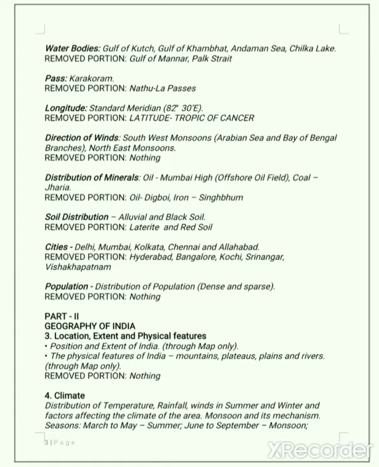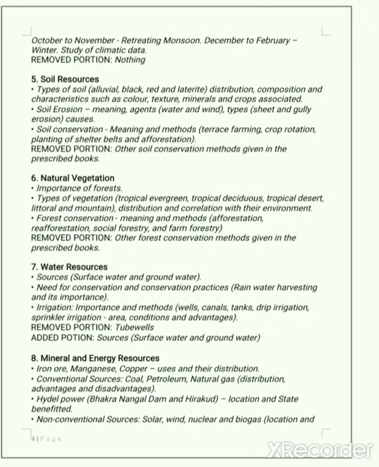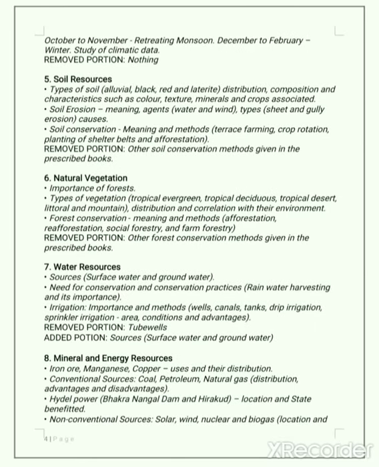There are 4 seasons in our country: summer season from March to May, monsoon season from June to September, retreating monsoon season from October to November, and winter season from December to February. You also have to study the climatic data from this chapter. The portion which has been removed from this chapter is nothing. You have to do everything.